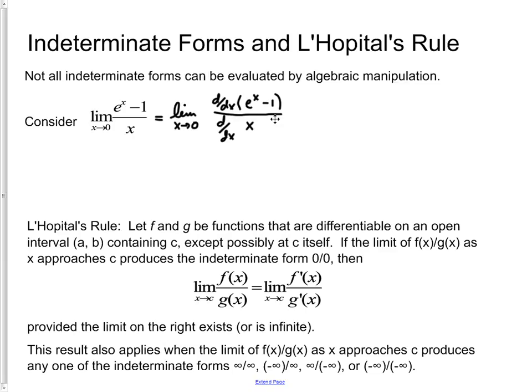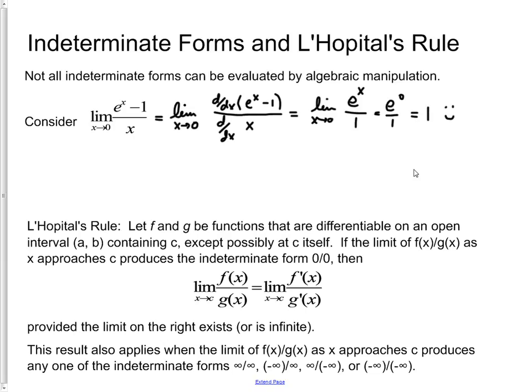We're still taking the limit as x approaches 0 of this new expression, which will be e to the x minus 0 over 1, and letting x approach 0 now gives us e to the 0 over 1. Our limit is 1.